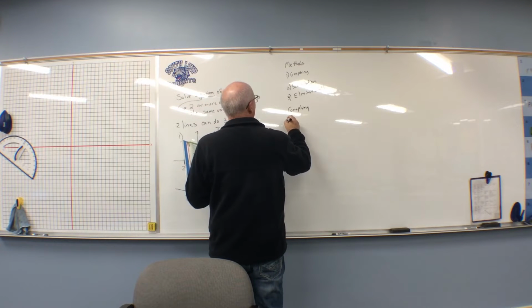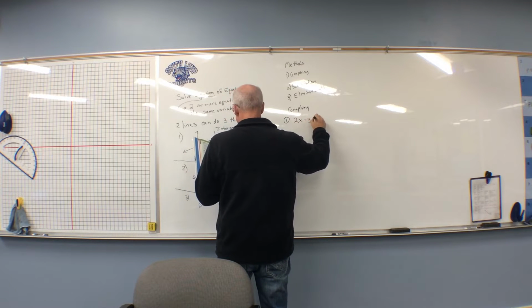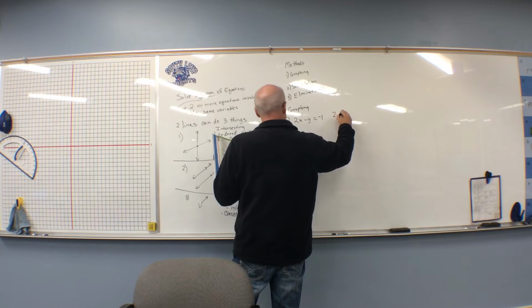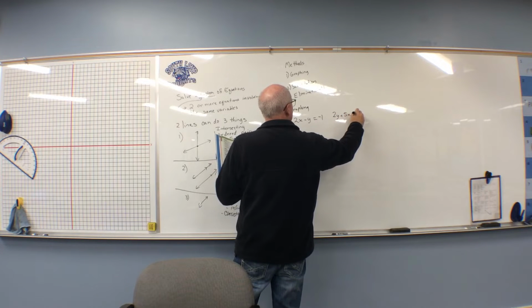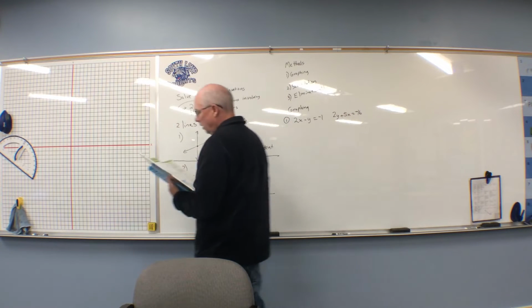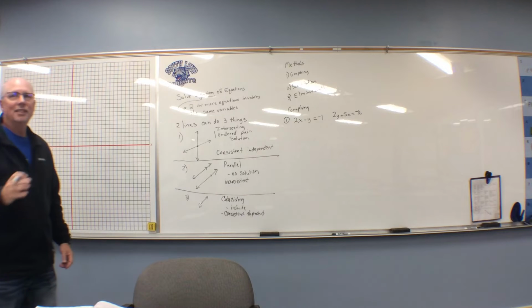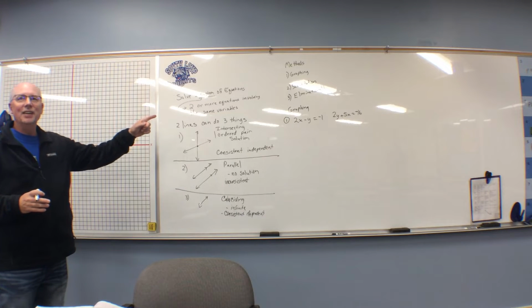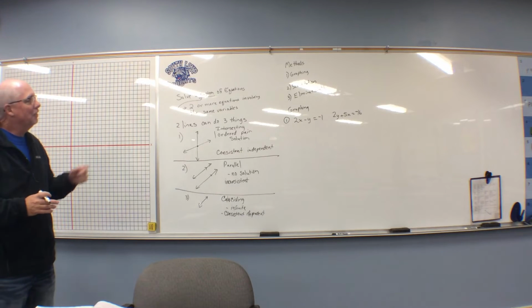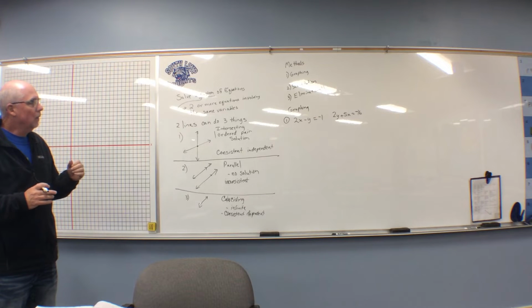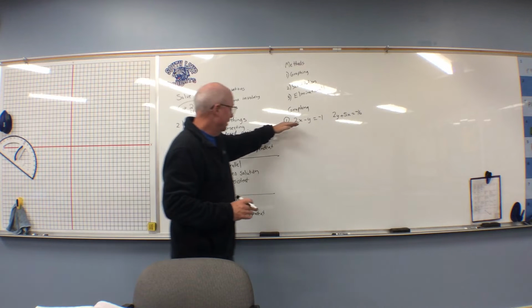So I'm going to take one in which that happens: 2x minus y equals negative 1, and 2y plus 5x equals negative 16. Now, you will notice that in elimination and substitution, we write the equations on top of each other.